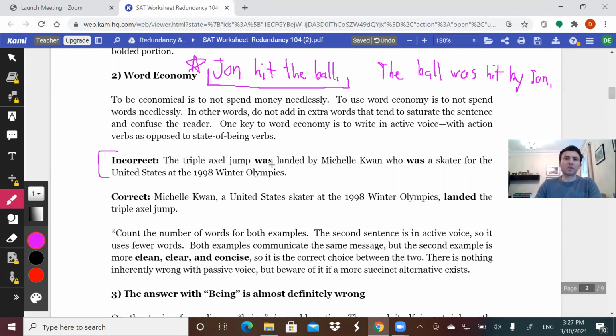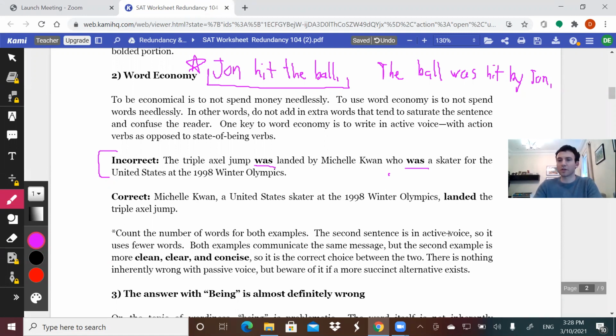So if we look at these two, we have the triple axel was landed by Michelle Kwan, who is a skater for the United States at the 1998 Winter Olympics. That's passive voice. We can be much more direct with this sentence by saying Michelle Kwan, a United States skater at the 1998 Winter Olympics, landed the triple axel. So we get rid of was a skater by just giving an appositive that tells you who she is, and we get rid of was landed and just use landed.